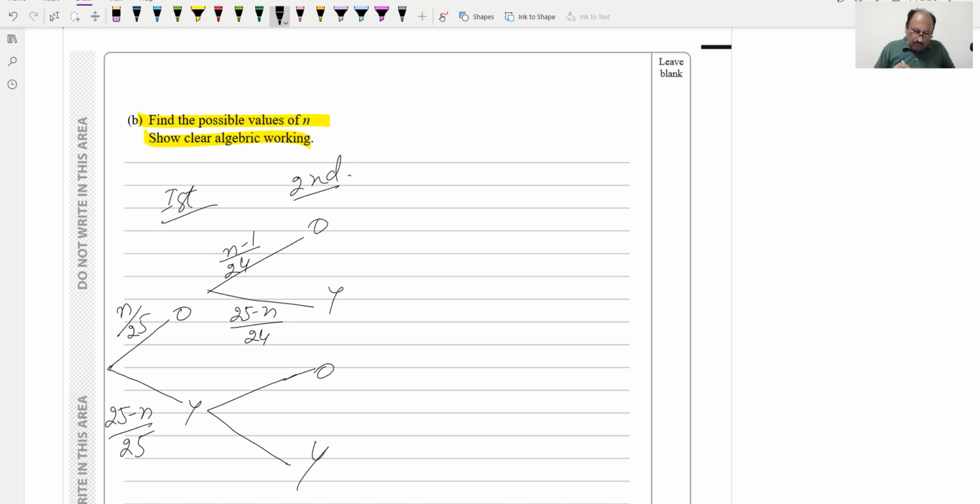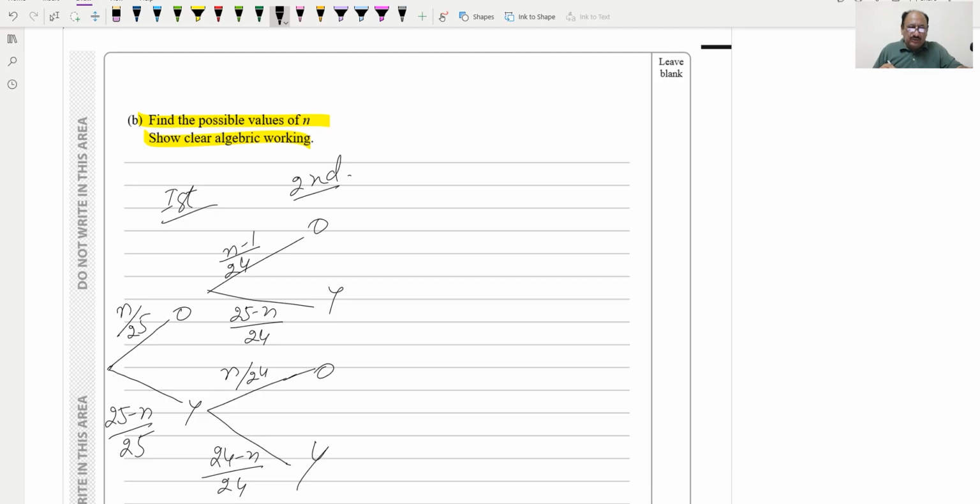Similarly, if orange is the same, it will be n over 24, and one yellow is gone, so it is 24 minus n over 24. This is the tree diagram which we can draw.